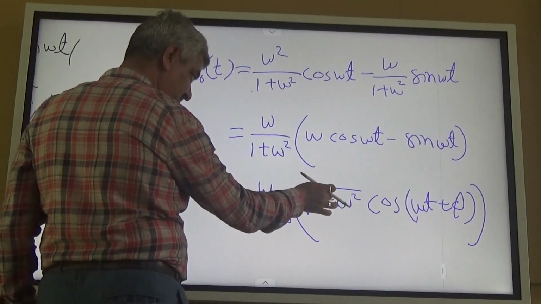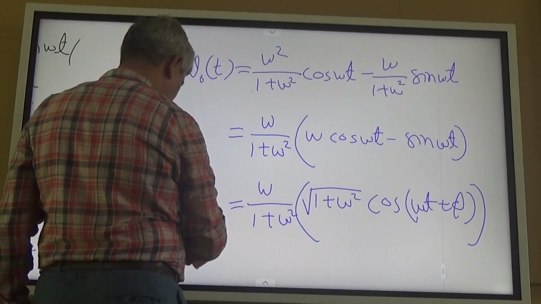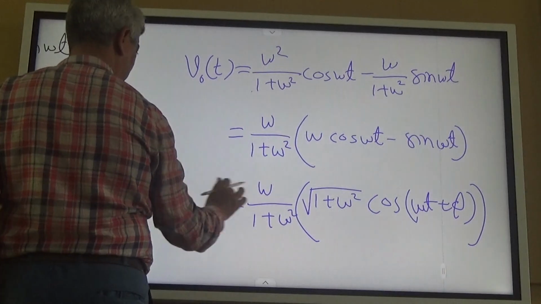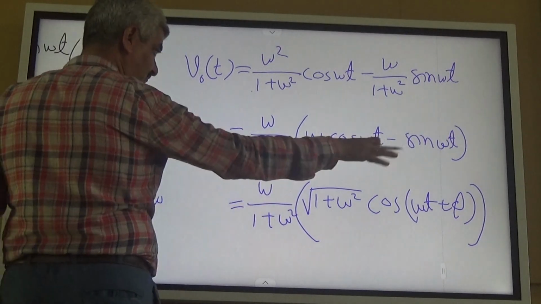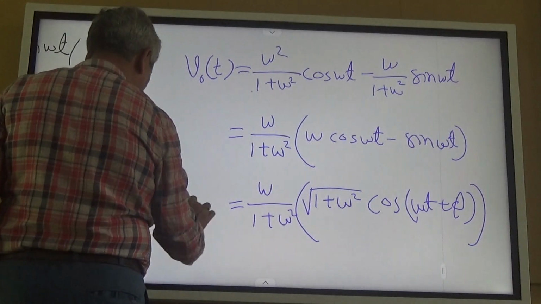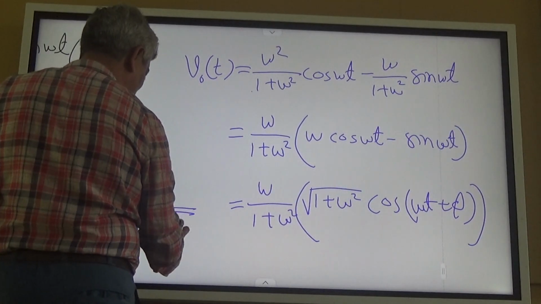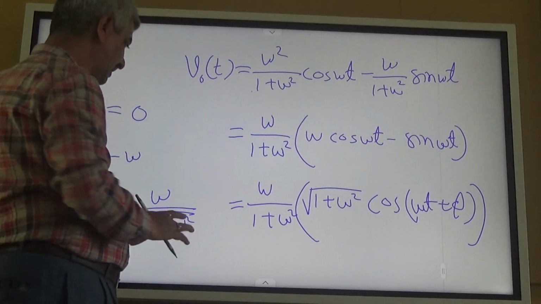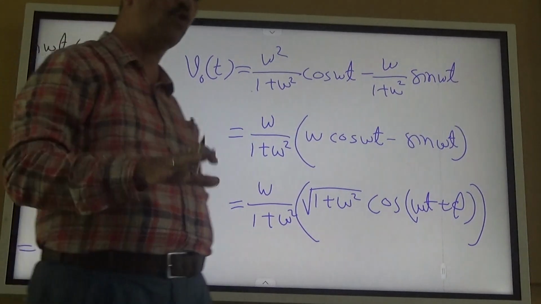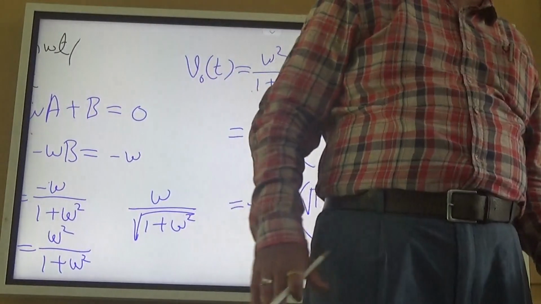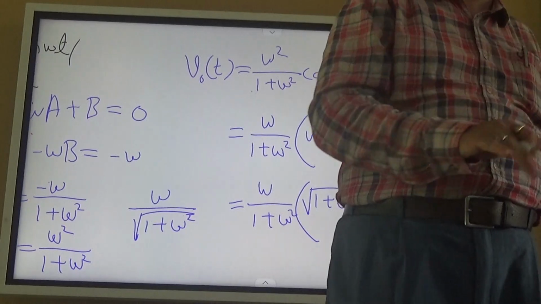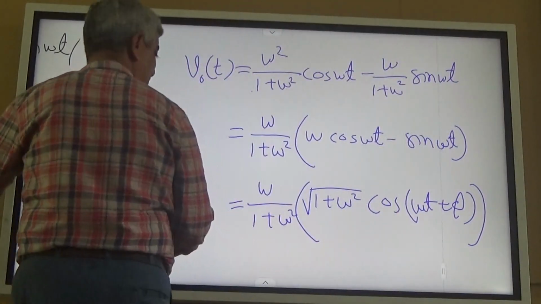So what does this become? What is the amplitude? That you discussed wrongly. What we get here is omega upon under root 1 plus omega square. The output VOT will be a sinusoid of frequency omega whose amplitude would be omega upon under root 1 plus omega square.